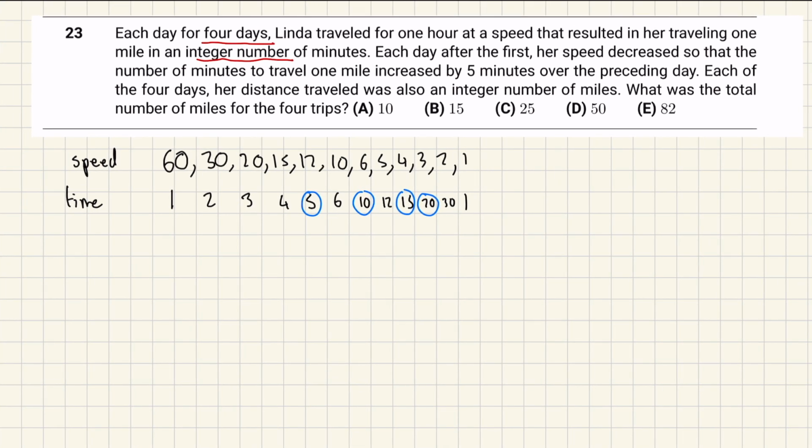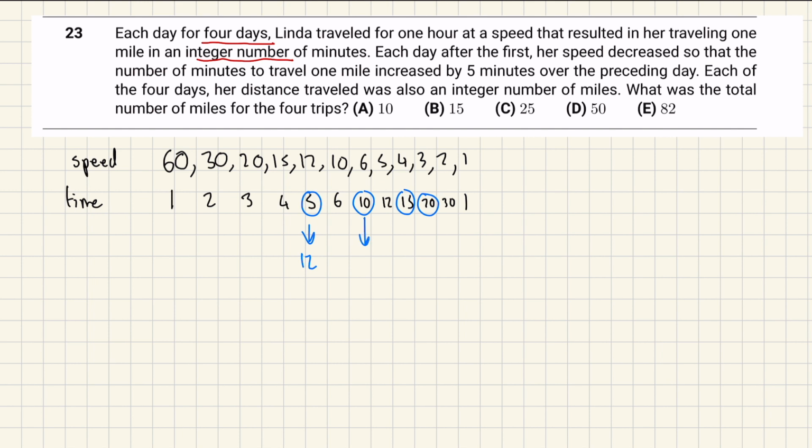In which case, what was the total number of miles for the trip? Well, we know that she's traveling for 1 hour. So she's doing 1 hour at 12 miles an hour, so she's doing 12 miles.